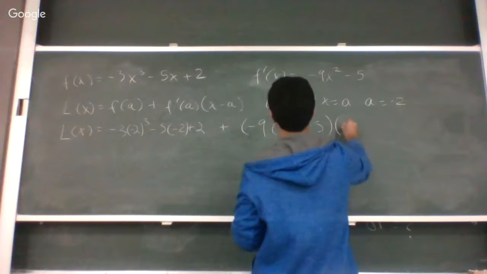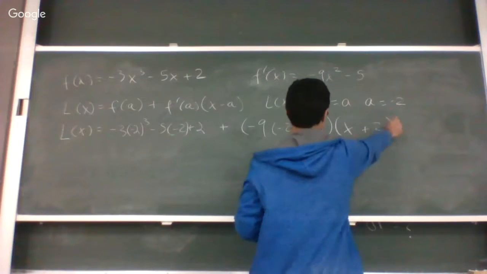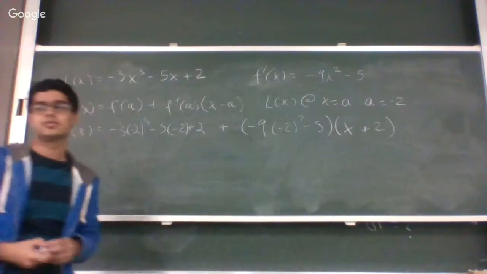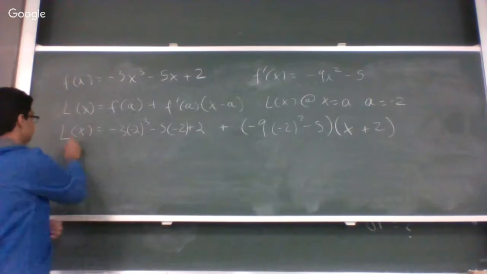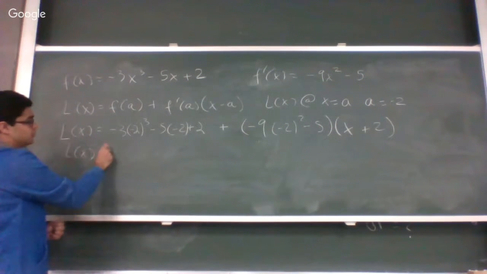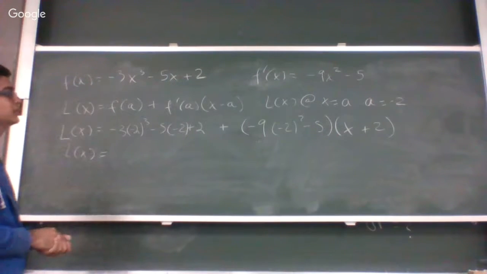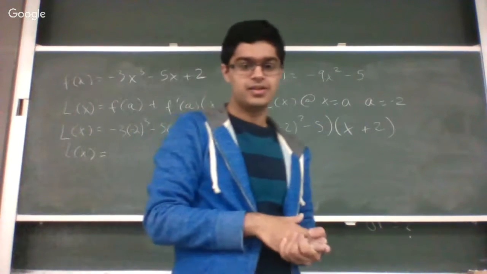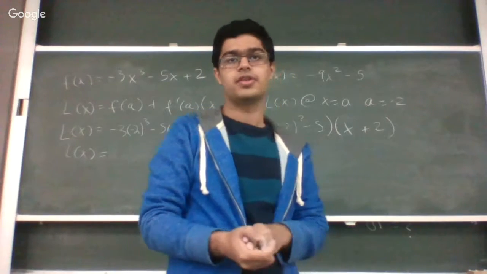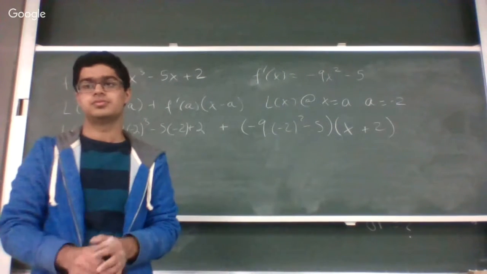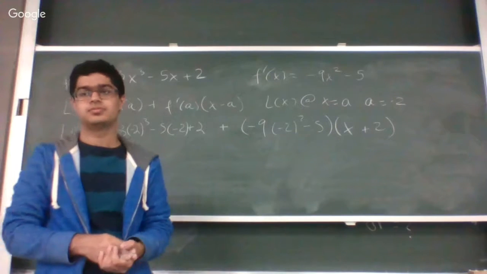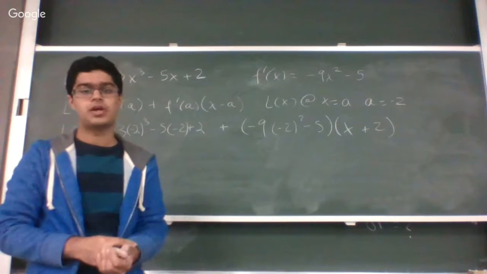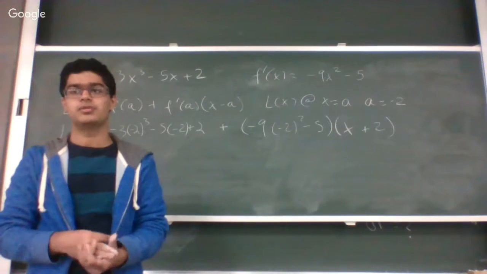Times what? x plus 2. Okay. So L of x will equal something. Is that the whole problem? Yeah. 24. You have to approximate to some value or something?